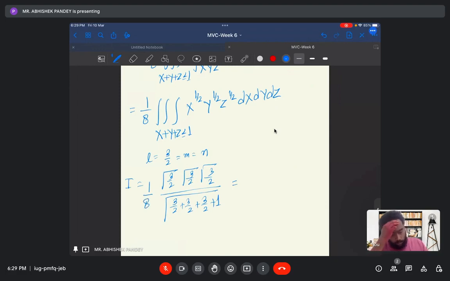Each gamma of 3 by 2 is 1 by 2 root pi, and the denominator is gamma of 11 by 2, which is 9 by 2 gamma of 9 by 2, and so on.